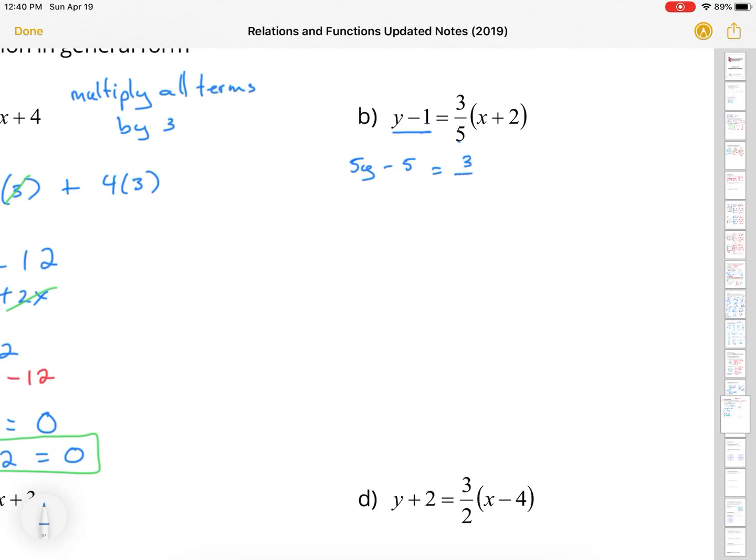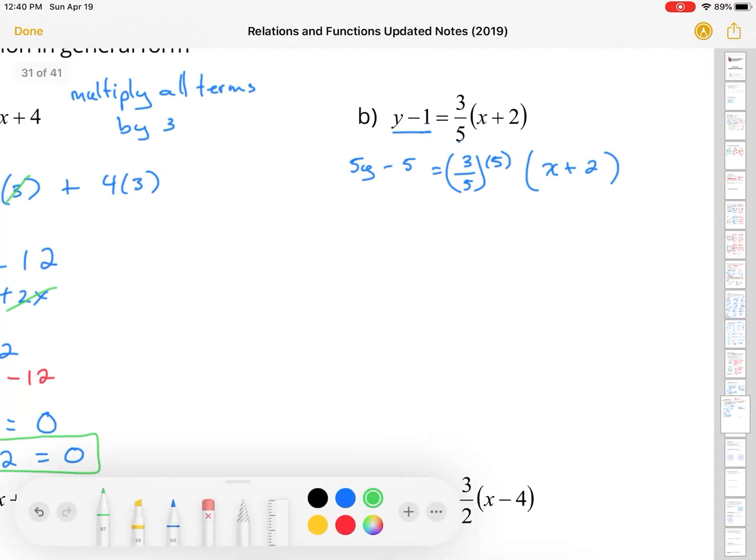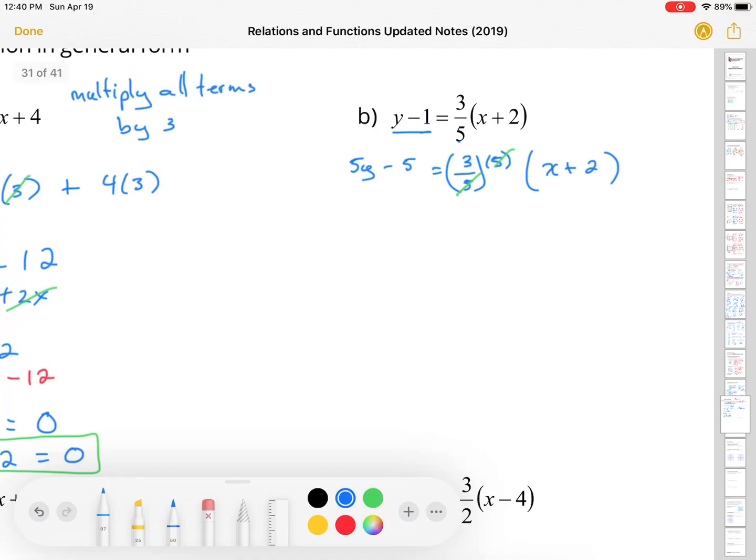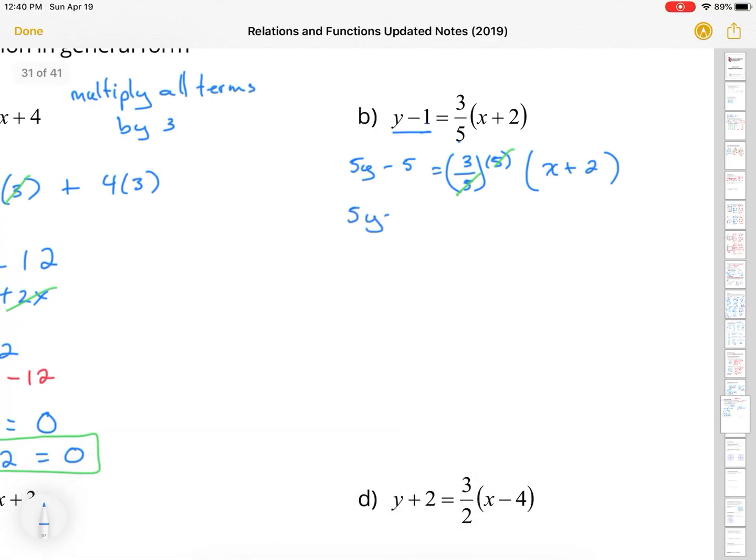And here we're going to have 3/5 times 5. Leave your x plus 2 in the brackets for now, then you don't have to do anything with them. These 5s will cancel out. So I'll be left with 5y minus 5 is equal to 3 times x plus 2.